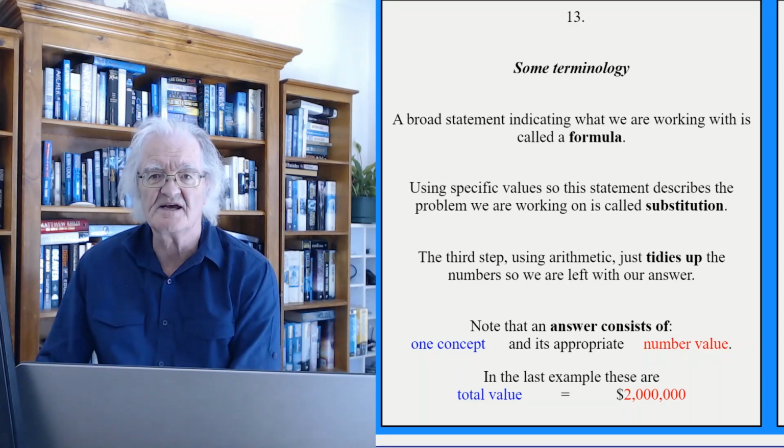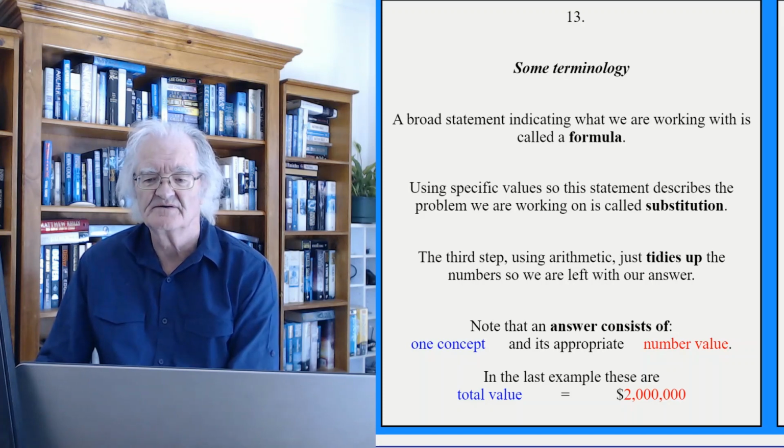The third step, using arithmetic, just tidies up the numbers so we are left with an answer. Note that an answer consists of one concept and its appropriate number value. In the last example, total value equals $2 million.